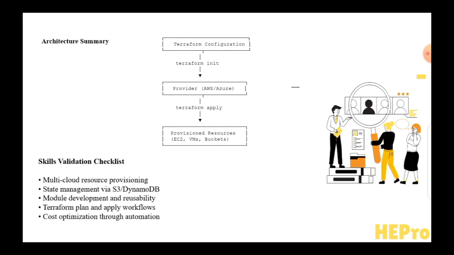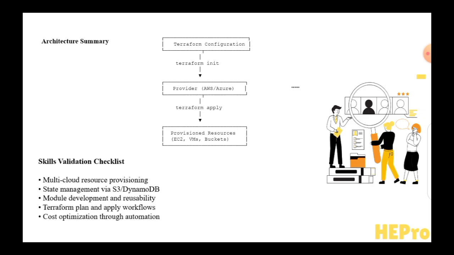You will validate your skills by provisioning multi-cloud resources, managing state via S3 and DynamoDB, developing reusable modules, running terraform plan and apply workflows, and applying cost optimization strategies. This ensures you can reliably deploy scalable infrastructure while maintaining control and efficiency.